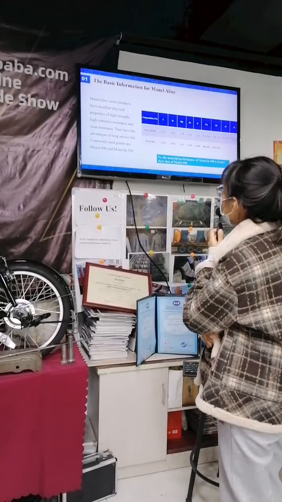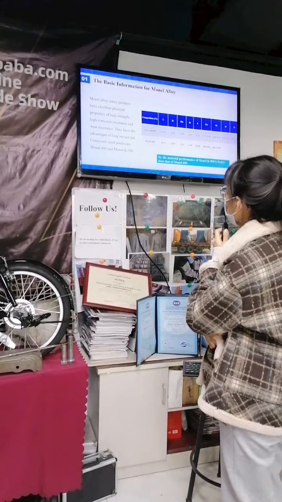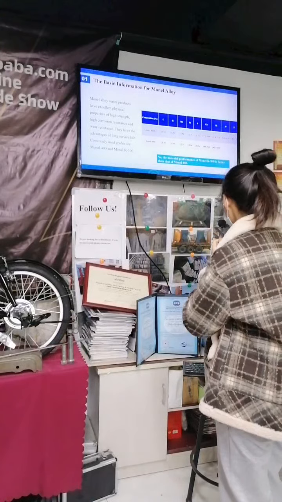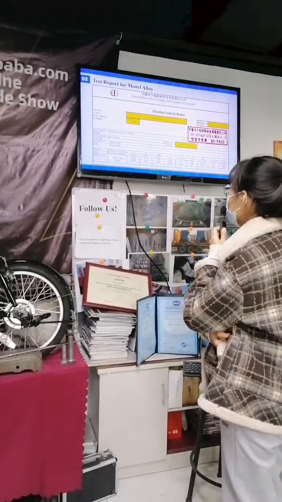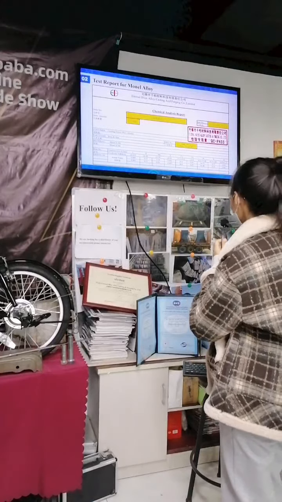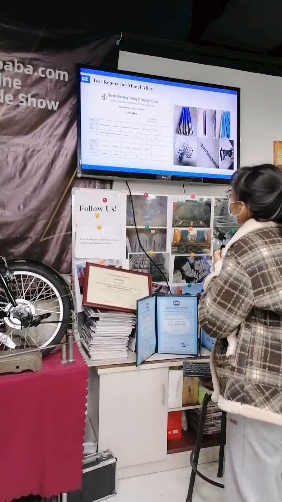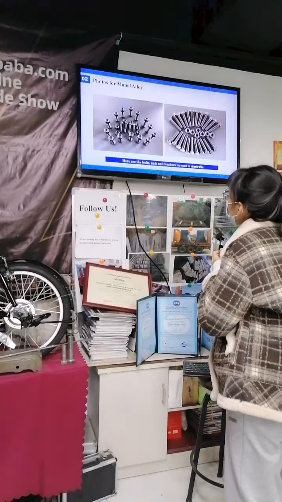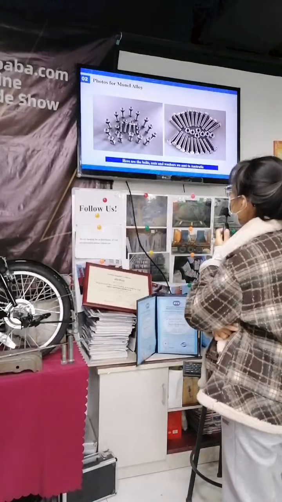Commonly used grades are Monel 400 and Monel 500. This is our test report for Monel alloy. Let me show the purpose of Monel alloy.